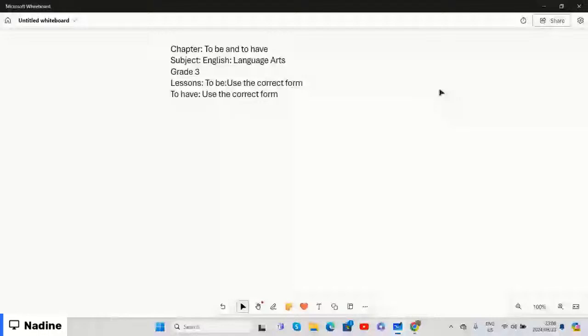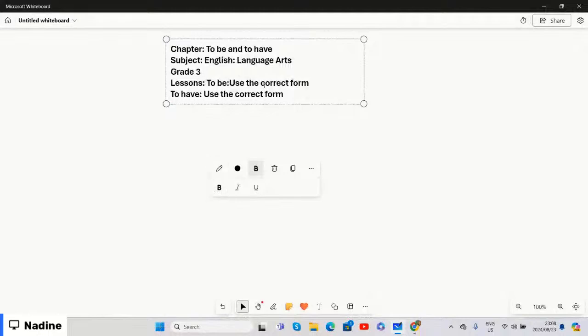All right. So that is going to be the lessons for today under our chapter of to be and to have. That is to use the correct form to be and to use the correct form to have.